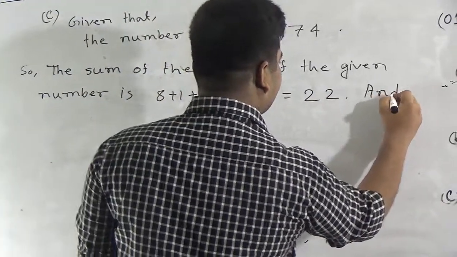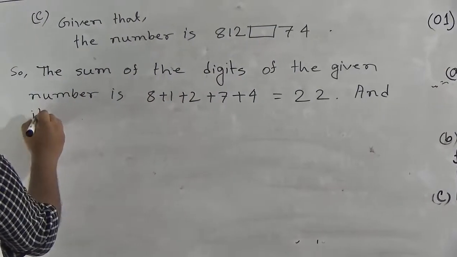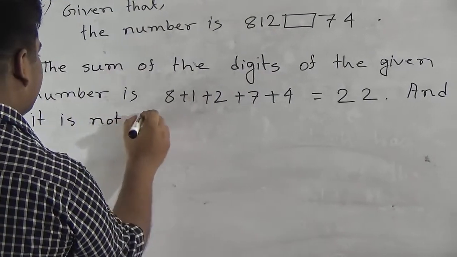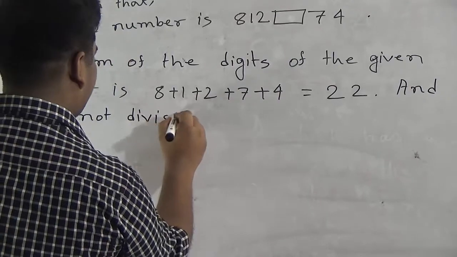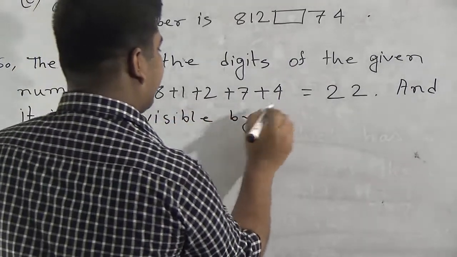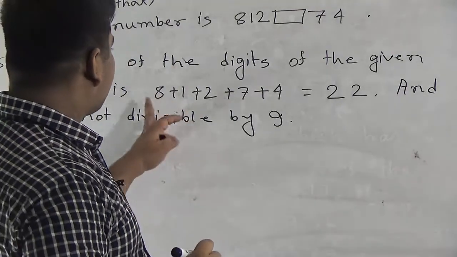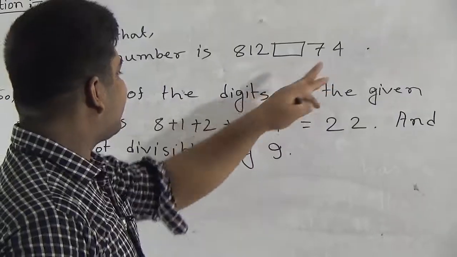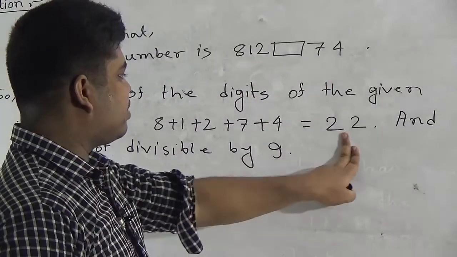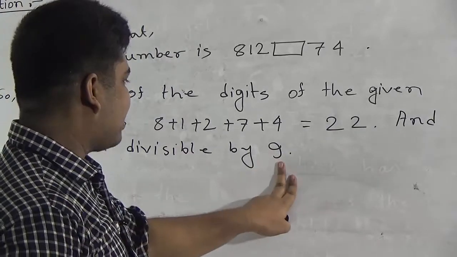And it is not divisible by 9. We add the digits of the number and we check that 22 is not divisible by 9.